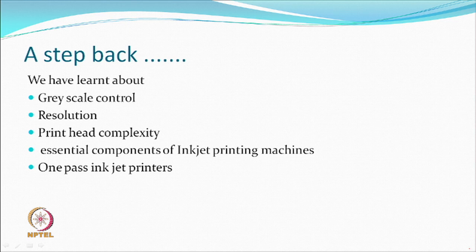What it means is that your printing head and the carriage is going to be stationary, and so the speeds can be very fast. We will spend some time on the cost of this printing.